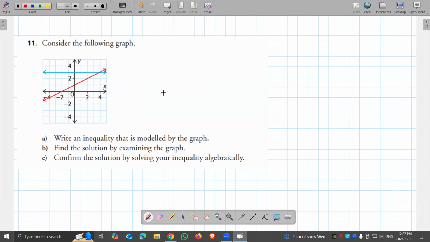So what we're going to do is come up with the equation for the linear function. For the blue line, it's very simple. What's the equation? It's y equals 3, right? Y equals 3. What about for the red one? You're given the y-intercept and you can deduce the graph as well.